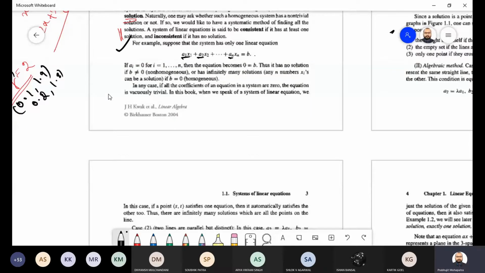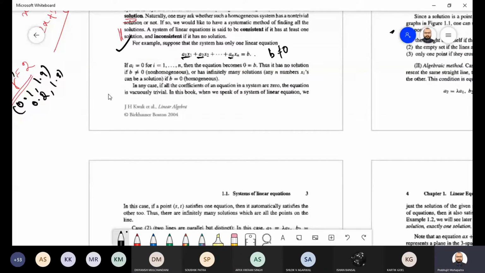But if someone says b is not equal to 0 while all ai are 0, that is not possible, because it is a contradiction. The left side is 0 but the right side is not 0, so that is called inconsistent, no solution.